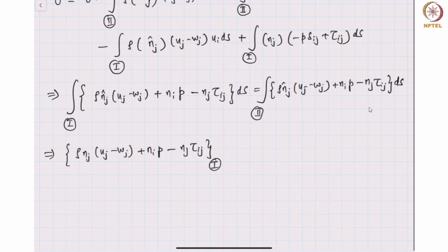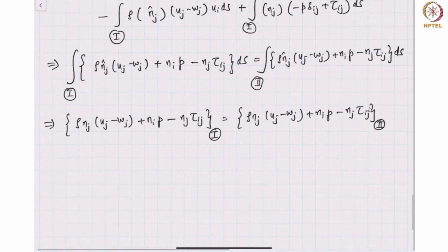This quantity will be equal to the same over region 2. Now, if you notice, this is a vector equation. I can also write this in vector form.